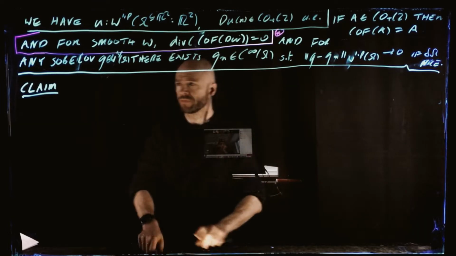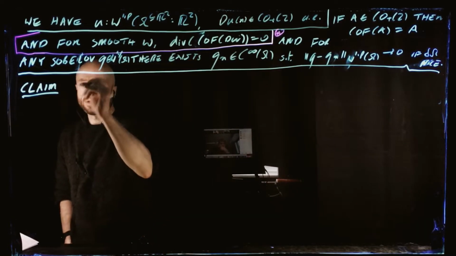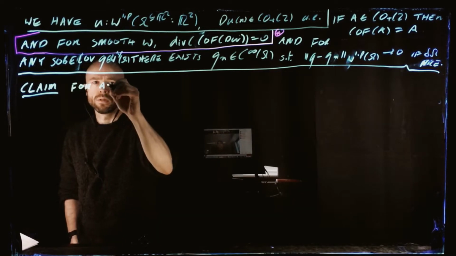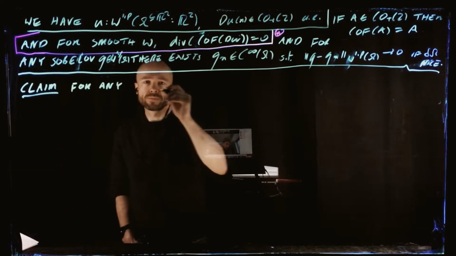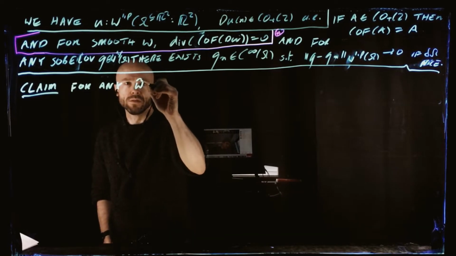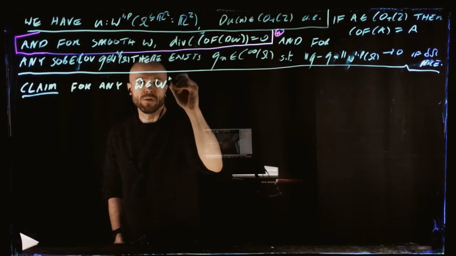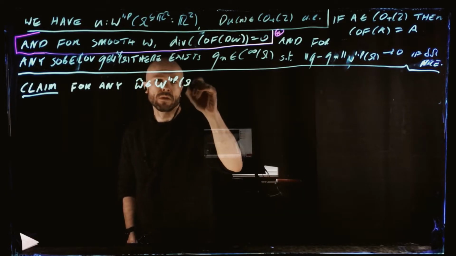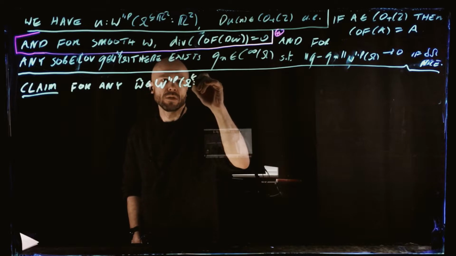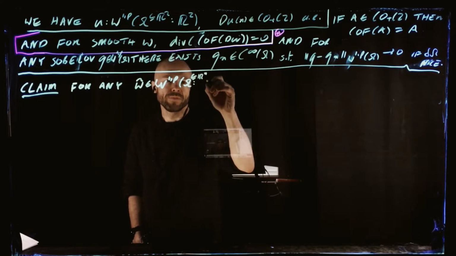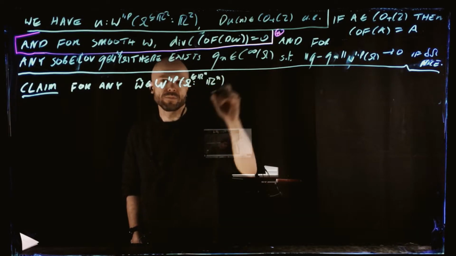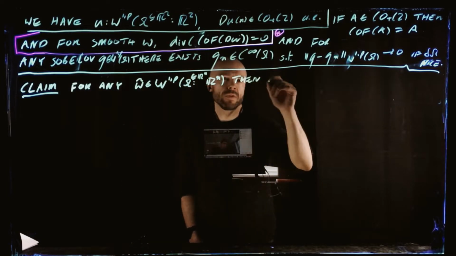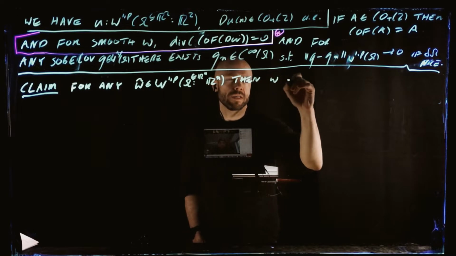So, claim: for any W tilde belonging to W^{1,p}(Ω, R^n), W tilde satisfies star weakly.